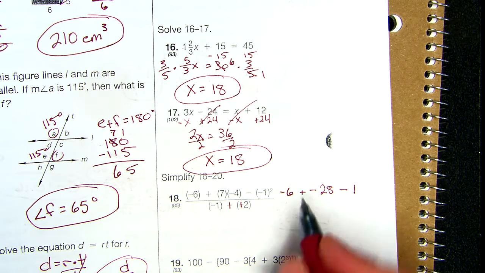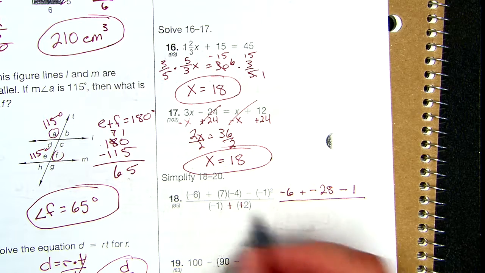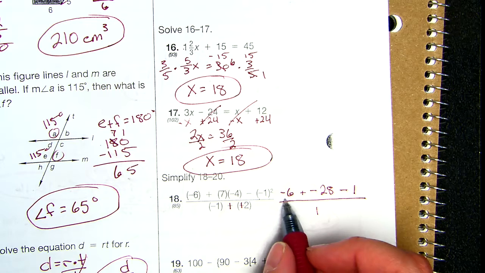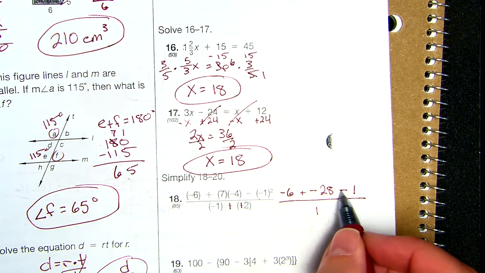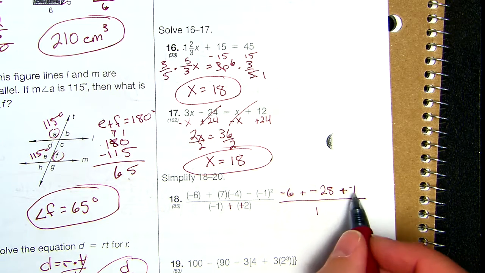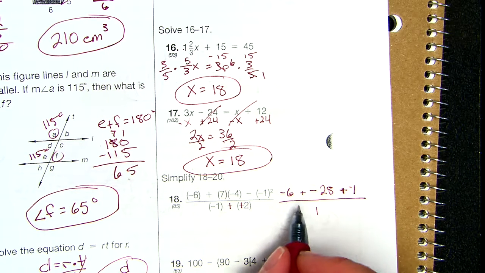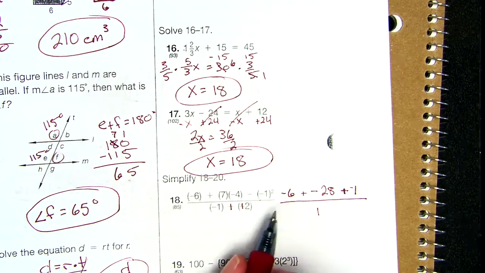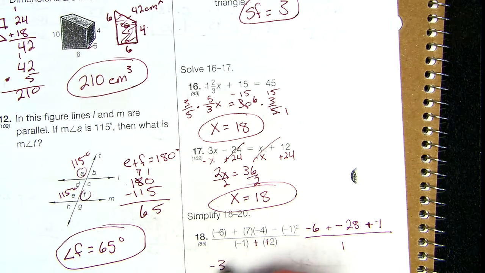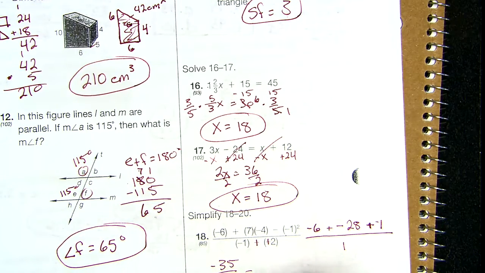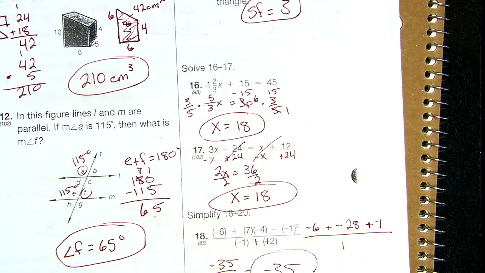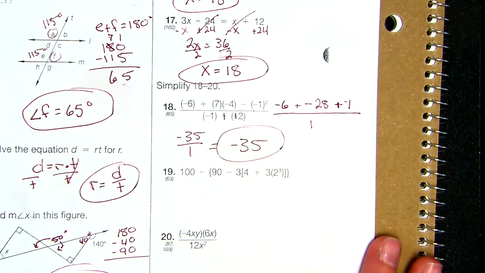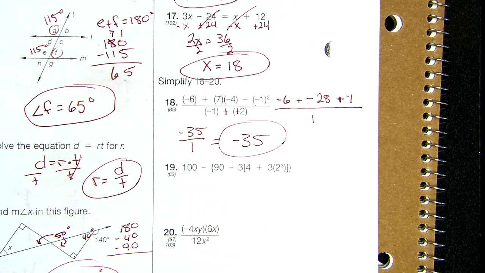Instead of subtracting, I'm going to add negative 2, same thing as plus 2. All right, so these are all negative. Like negative plus negative 6, negative 7. Negative plus 8 is 5. So I have negative 35, negative 35.